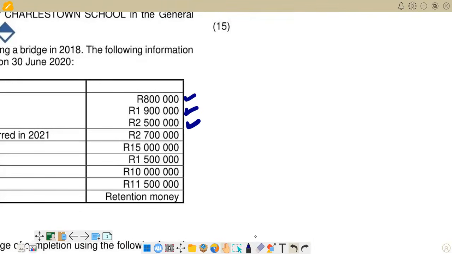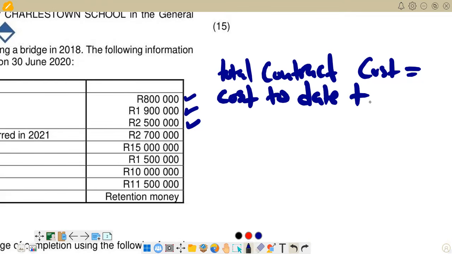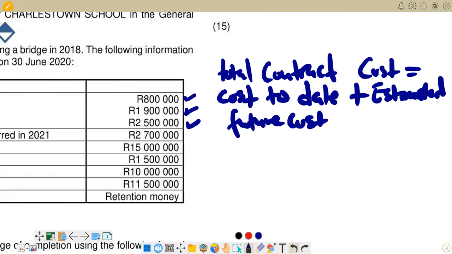Total contract cost is equal to cost to date plus estimated future cost.